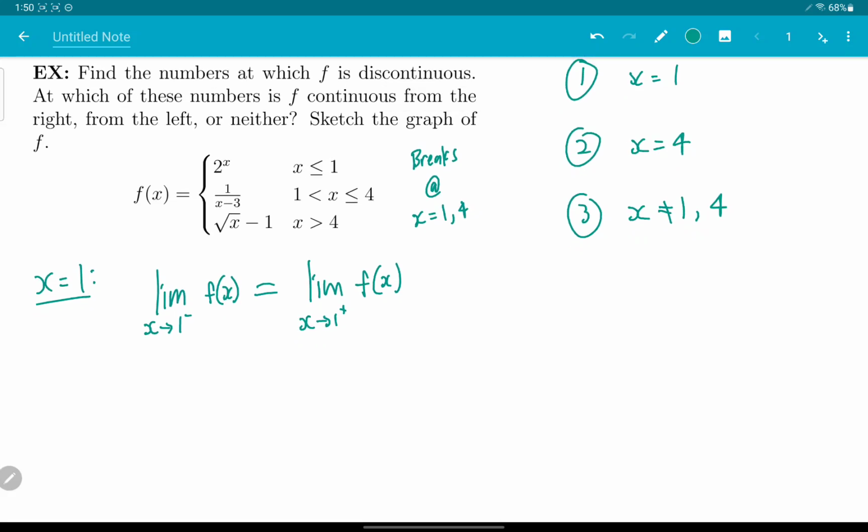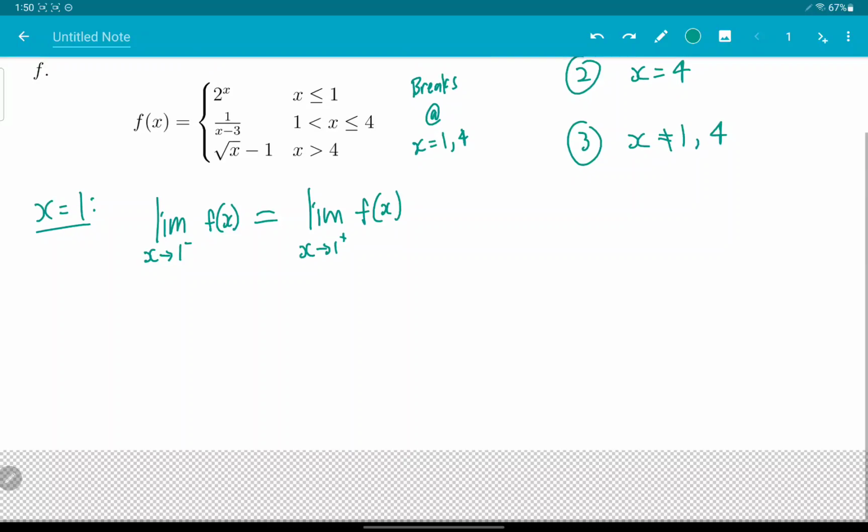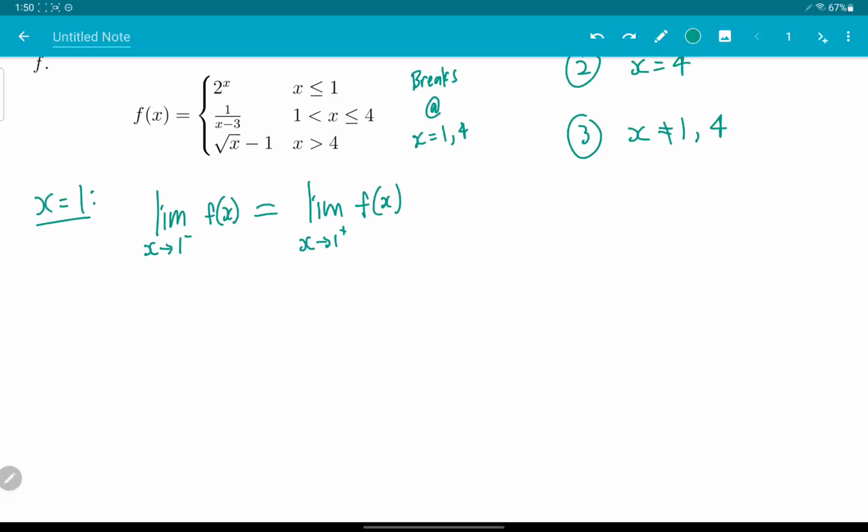Okay, so this will ensure that the overall limit exists. And then I can check that it equals the actual value of the function, which will be 2 to the 1. So let's calculate these two limits. For the left-hand side, I have 1 minus, so I'm less than 1.